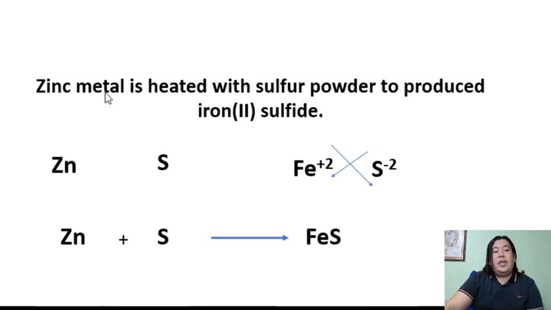And then, sir, take note, baka may magtanong sa inyo, sir, di ba pag nagsusulat ng chemical equation, may nakalagay dito na heated, bakit hindi tayo maglalagay ng triangle sign dito? So, hindi tayo maglalagay dito ng triangle kapag ganito yung term na nakalagay.